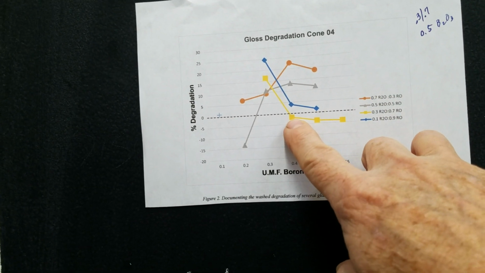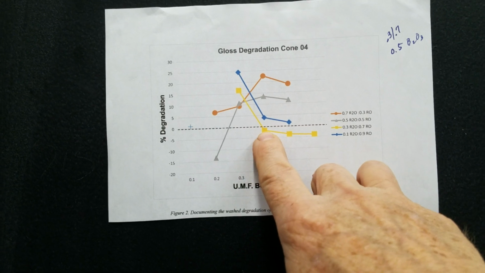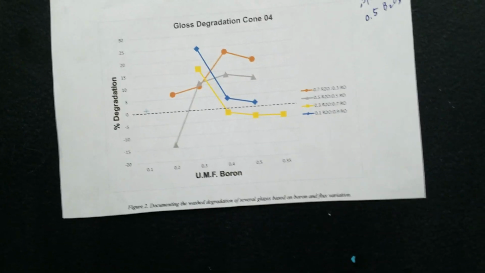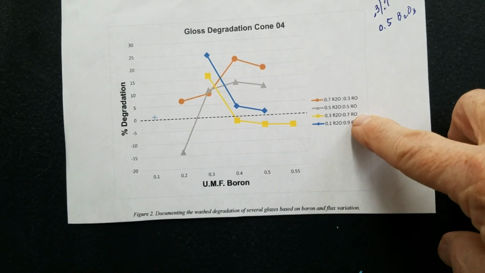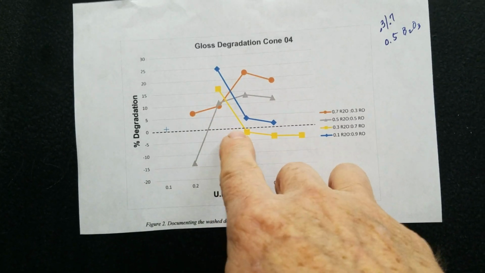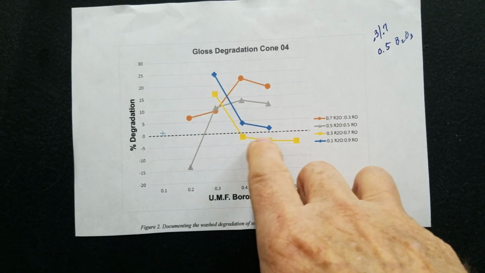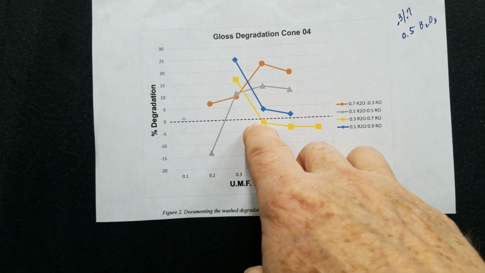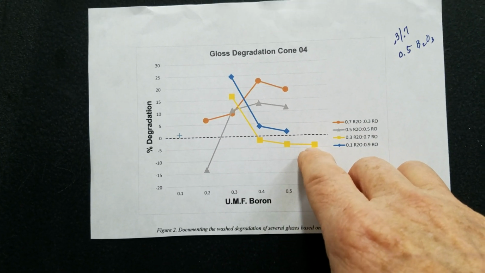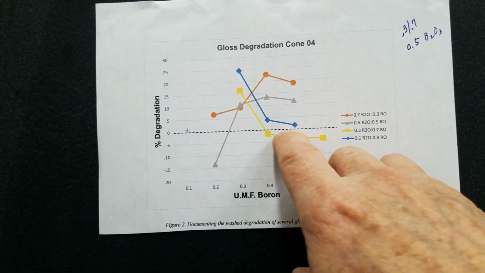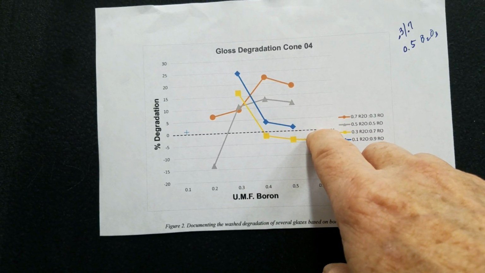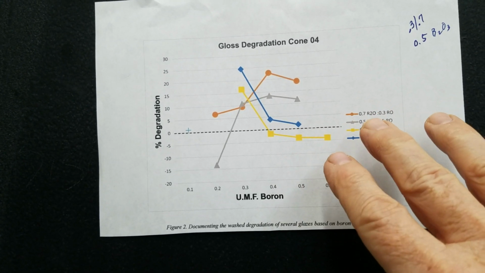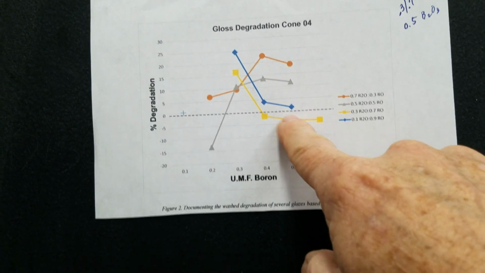But if I look at this, I have problems with it, because this is saying that 0.3 to 0.7 RO is this yellow line, and it started here, and when he did the dishwashers, it went to here, and then here. This means it got shinier because the dotted line is where it is, 0. Well, it cannot get shinier. So to me, this whole test has to be redone because that is not correct.